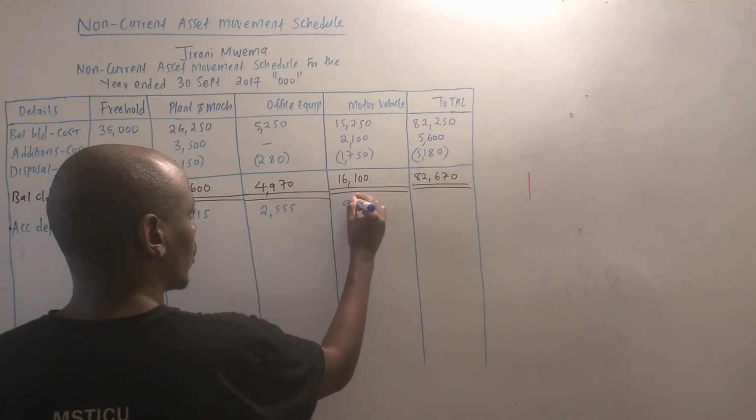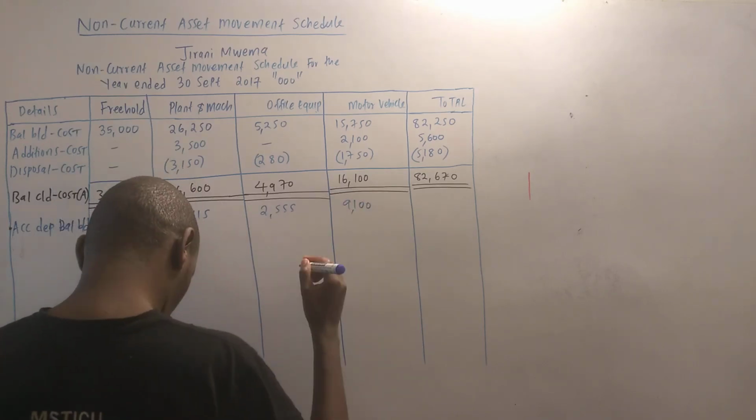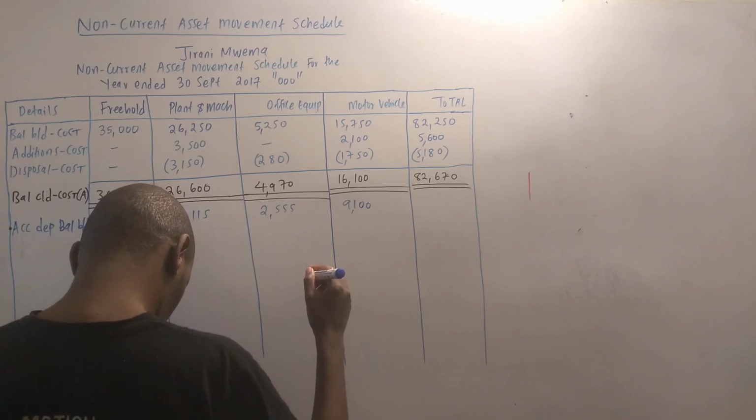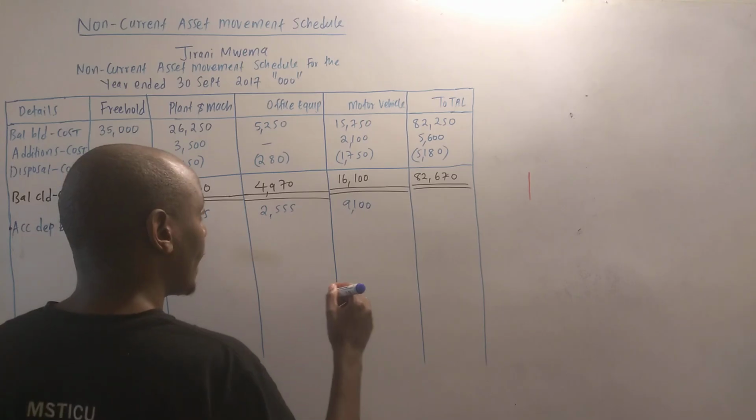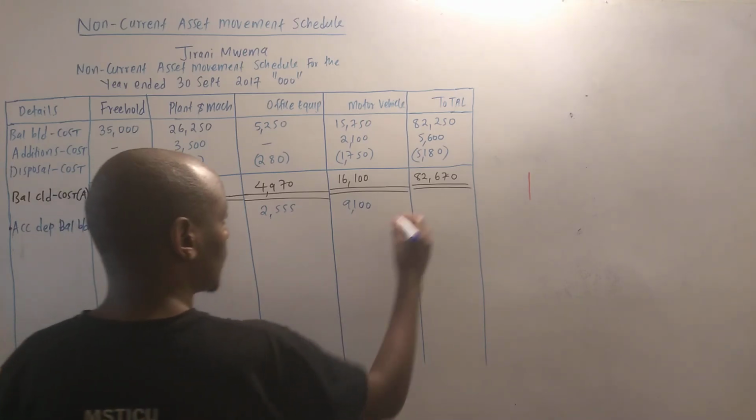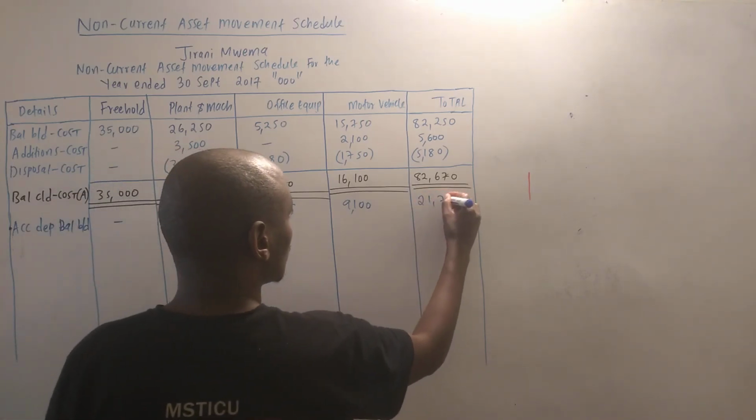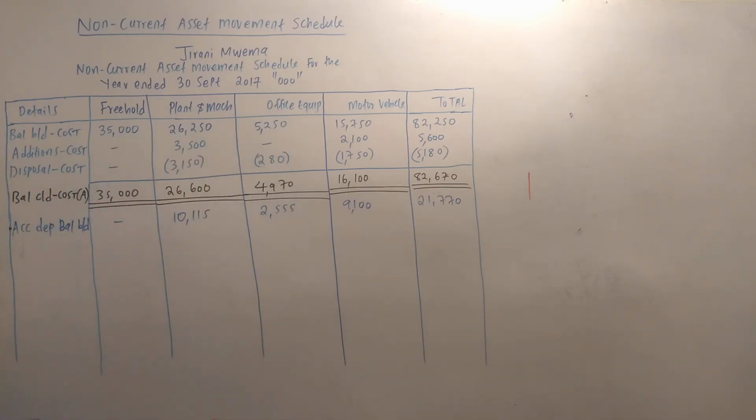Then you have 9,100. Then you find the total. So what will be the total? You add the 3, and it will be 21,770.